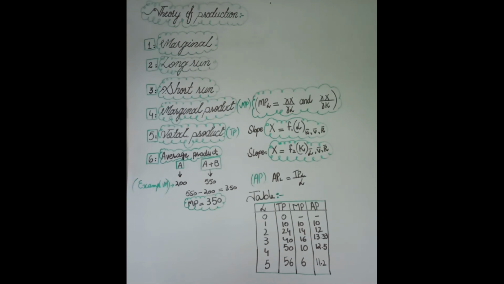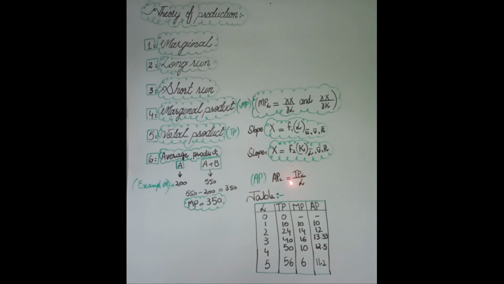So now we will move to the average product. What is the average product? Average product is explained as the output per unit of variable input. We calculate it with the help of a very simple formula. For example, we want to find the average product of labor.